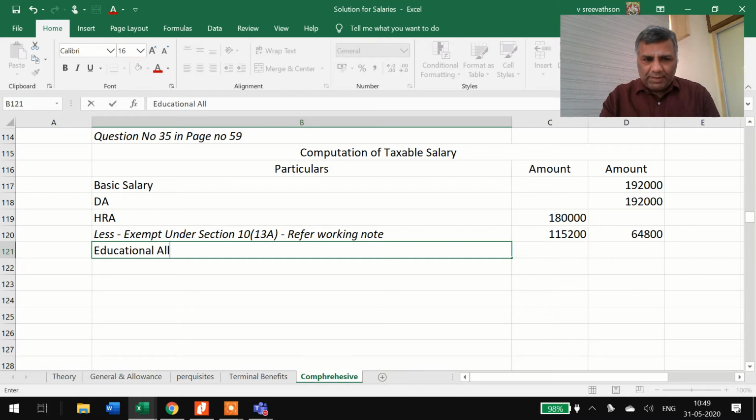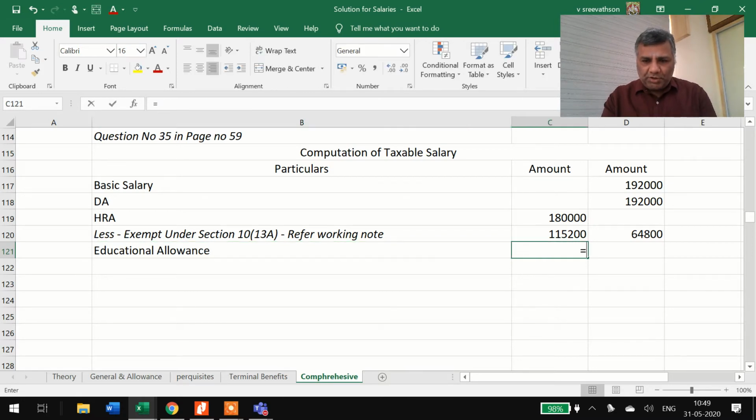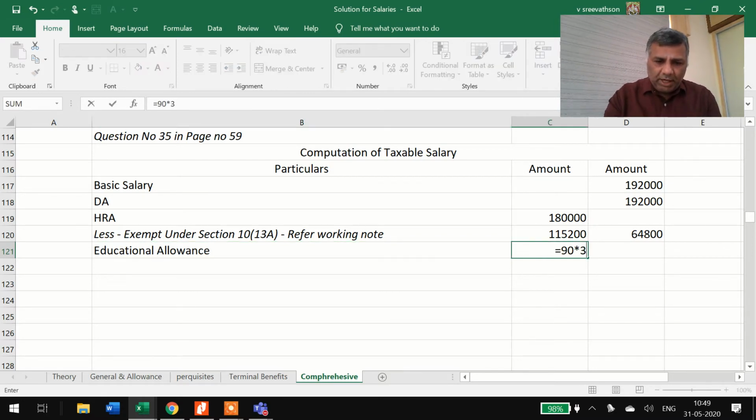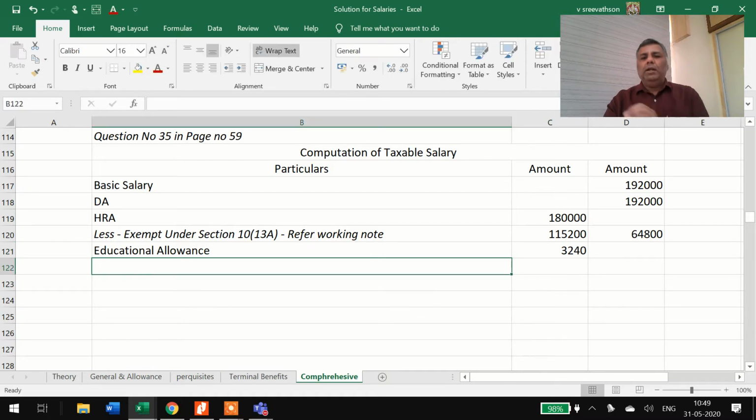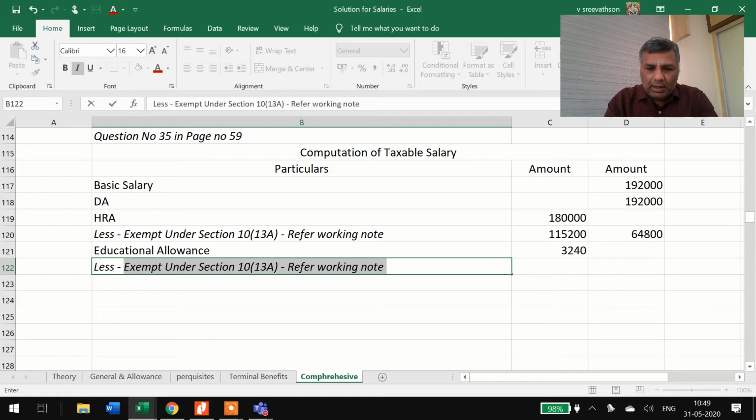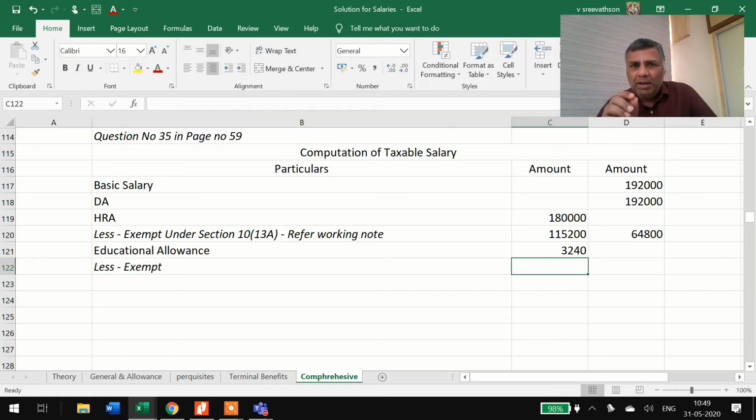Educational allowance. I want all of you to concentrate. 90 into 3 into 12, 3,240. Educational allowance 3,240, less exempt. Please understand, the whole class.